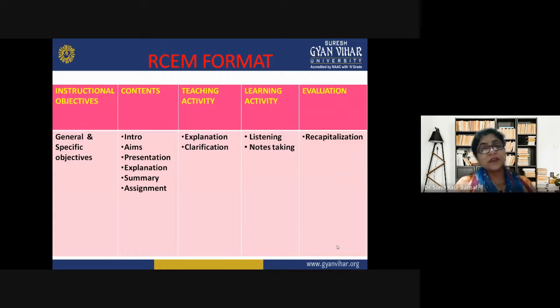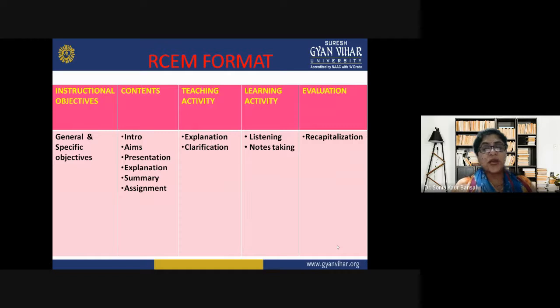Then learning activity, listening, note taking. So this is how, if you are teaching, your students are learning. If you are writing on the blackboard, they are taking notes in their copies, in their notebooks. So this is how it simultaneously goes on with the teacher's activity. And then lastly comes the evaluation part.